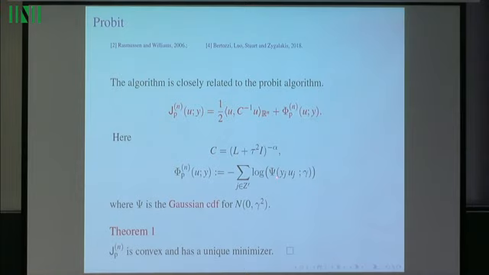Psi is the cumulative distribution function for a Gaussian with mean 0 and variance gamma squared. And so this psi, if gamma is small, is a smoothed Heaviside step function. So if yj and uj have the same sign, that Heaviside step function is evaluated roughly at 1, and so the log is 0 and there's no penalty.